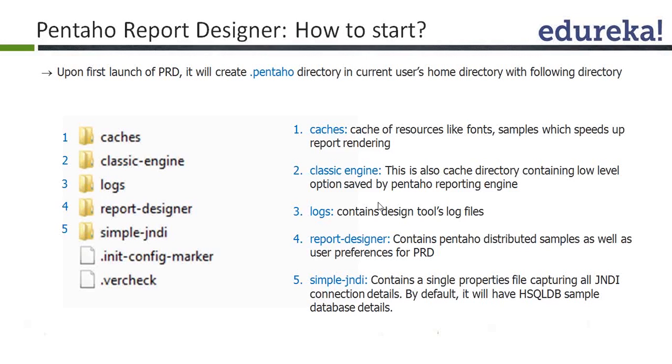Then it has the classic engine folder which will cache a directory containing low-level options. So again, the caching format. Typically, you won't find anything here. Classic engine is used internally. So a few things will go in classic engine, a few things will go in the caches folder.